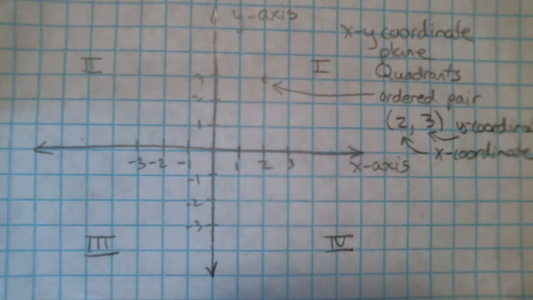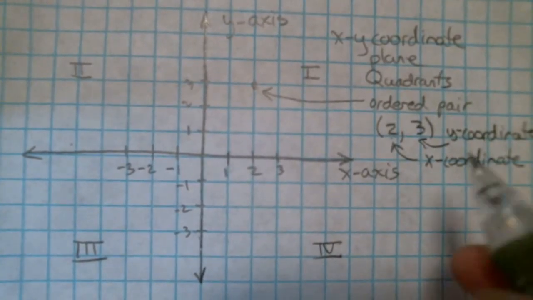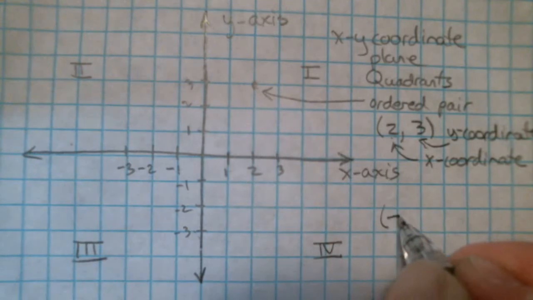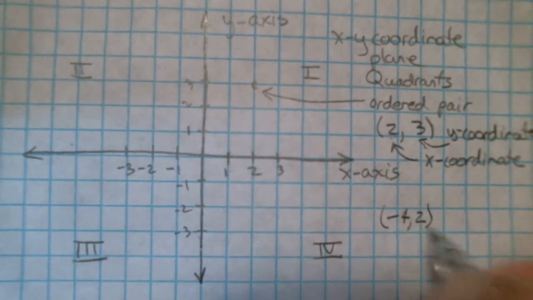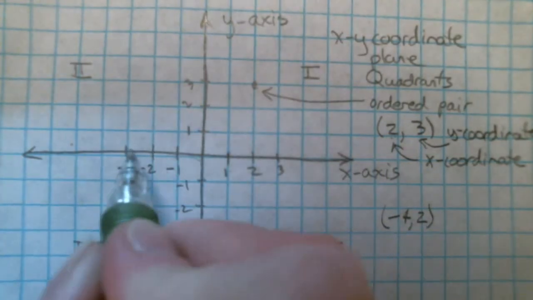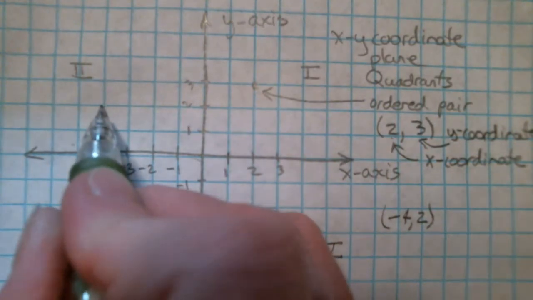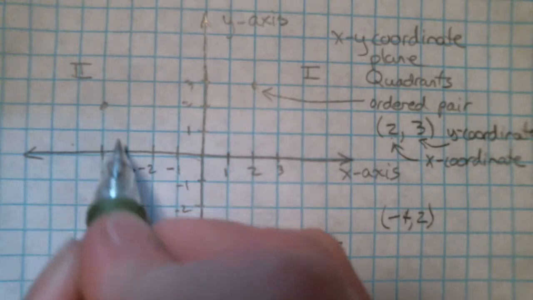All right, so where would a point with, say, -4, 2 be? Well, the point -4, 2 would be 1, 2, 3, 4 units to the left on the x-axis and 2 units up in the y direction.